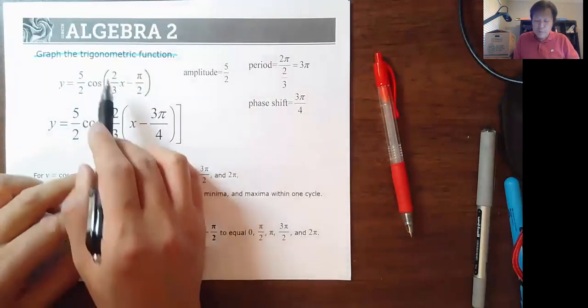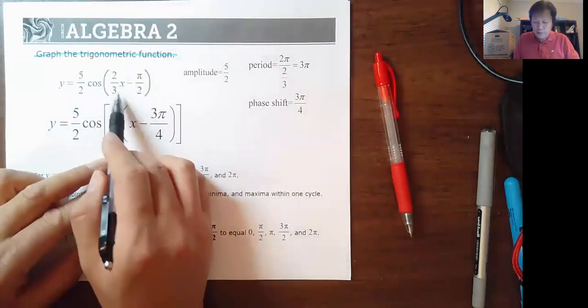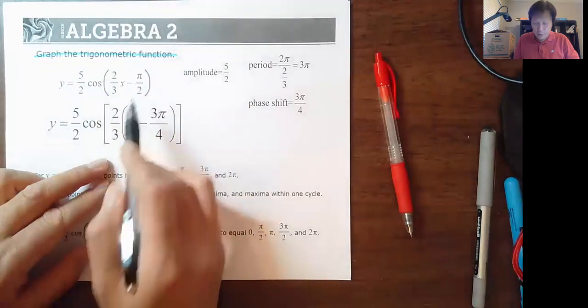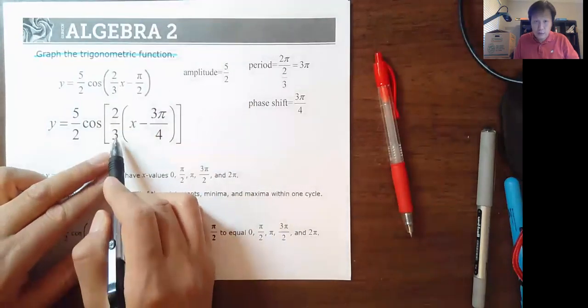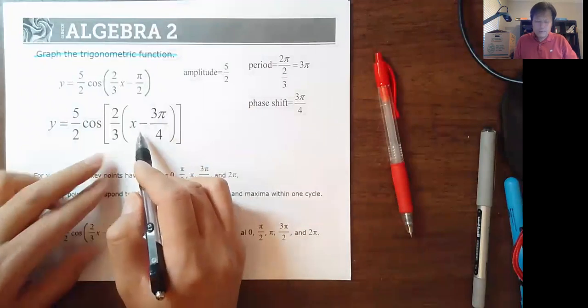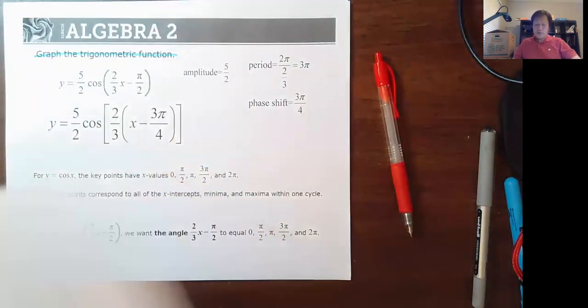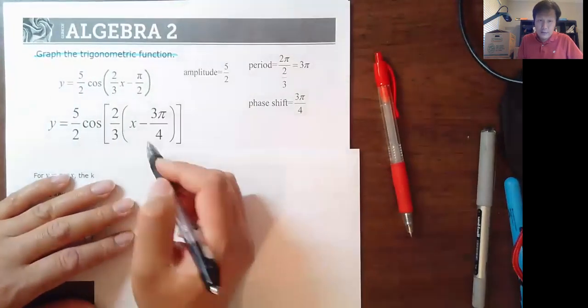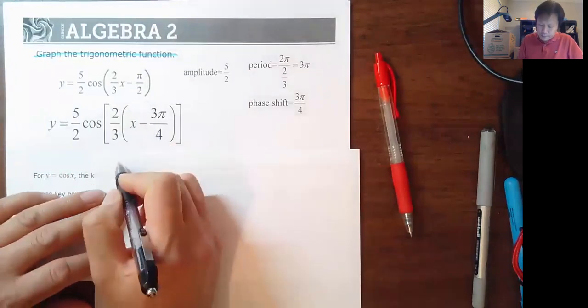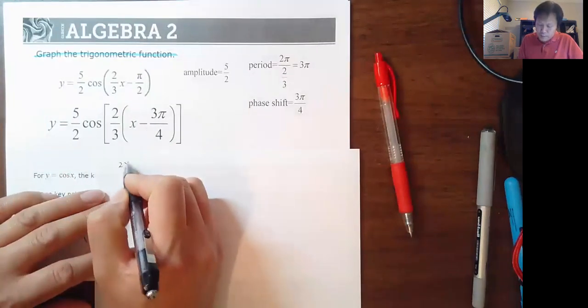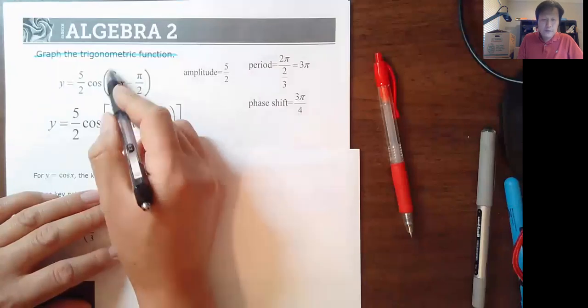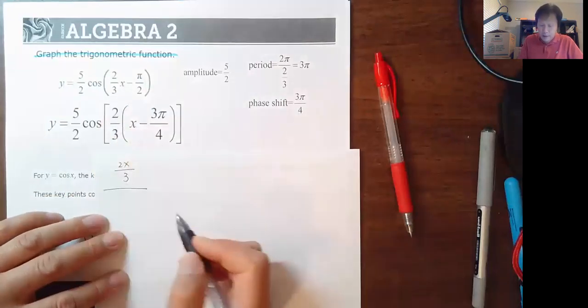What do you do? You have to factor out 2/3 from here and from here. Again, if you're a little confused why we have this, here's the explanation. 2x over 3, if you factor 2/3 out, you're dividing that by 2/3.